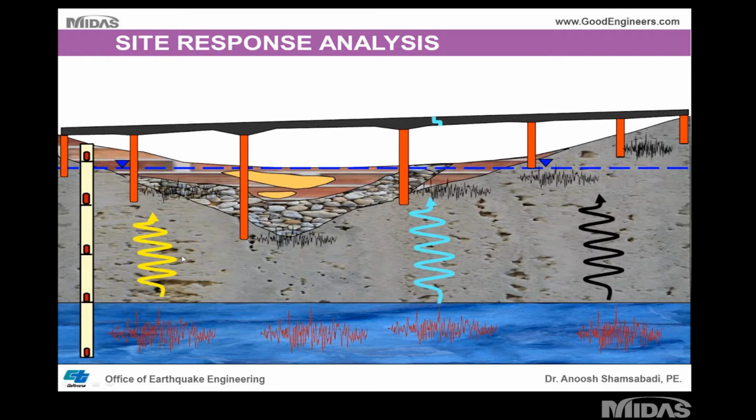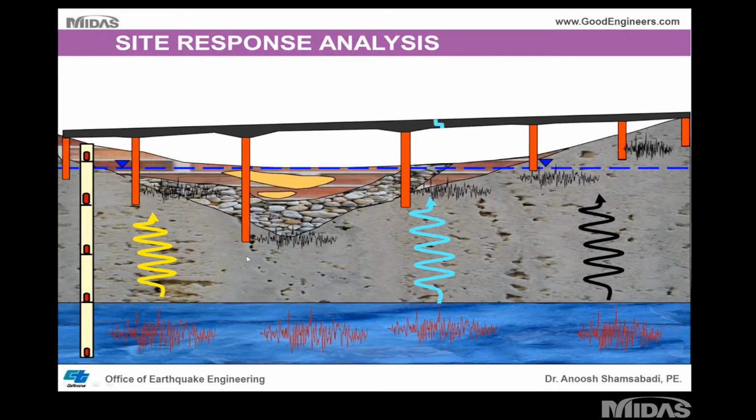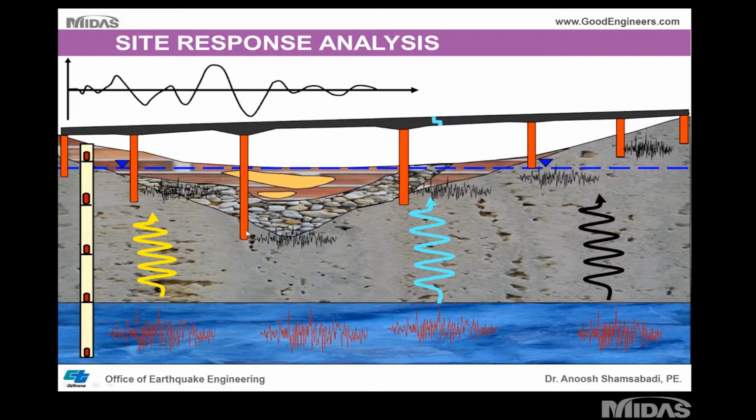The motion will be propagated using the site response, coming to the foundation level from the geotechnical engineer. So far the rock motion is done by the seismologist. Geotechnical engineers will use some type of shake analysis, propagate the motion, and bring it to the foundation level. Structural engineers will shape the structure and come up with the response of the structure.